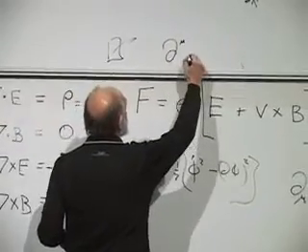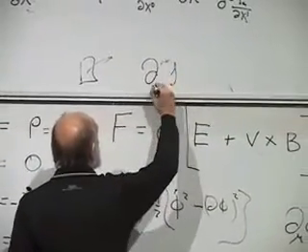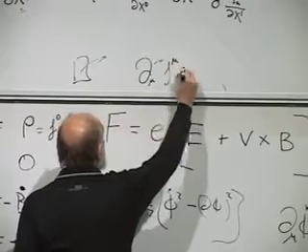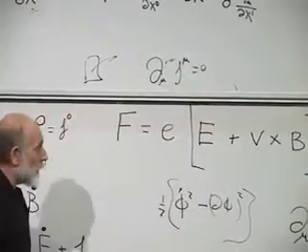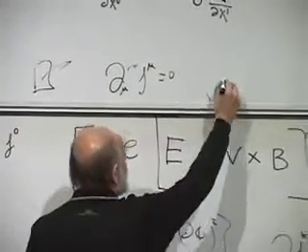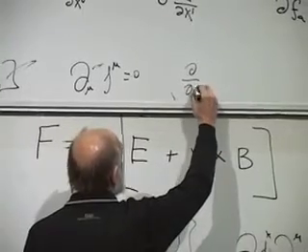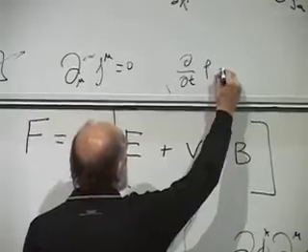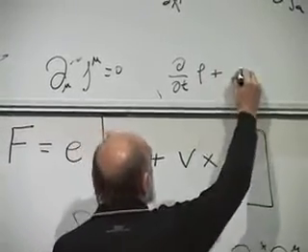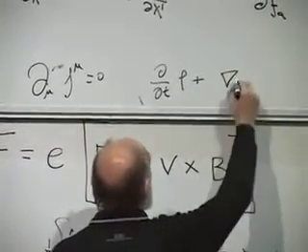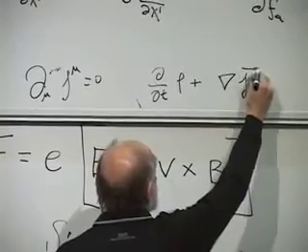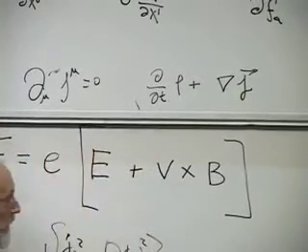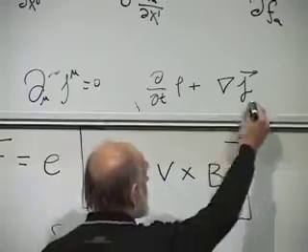d mu J mu is equal to 0. This is also the equation that says the time derivative of the charge density plus the divergence of the usual three-dimensional current should be equal to 0.